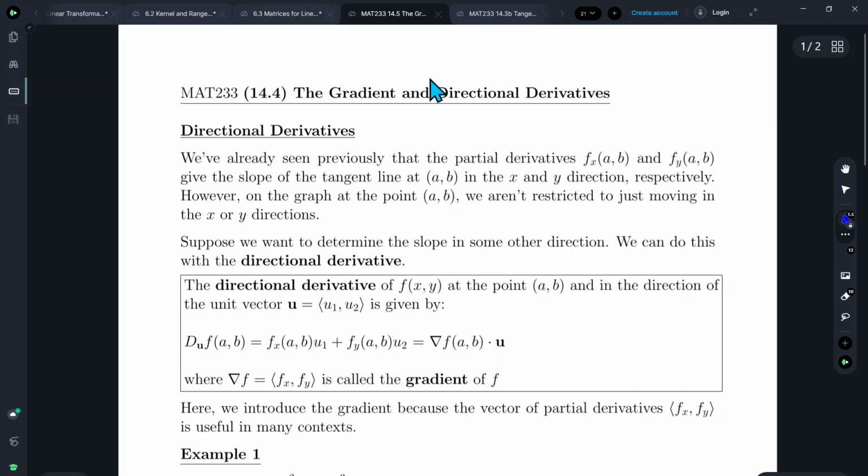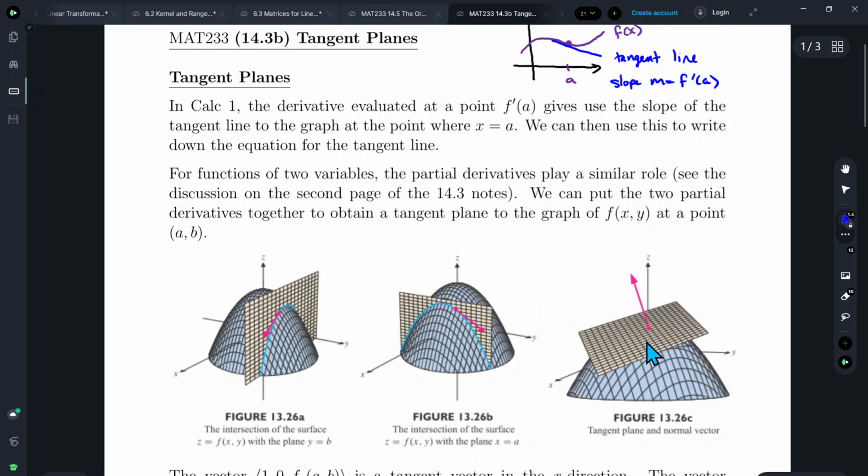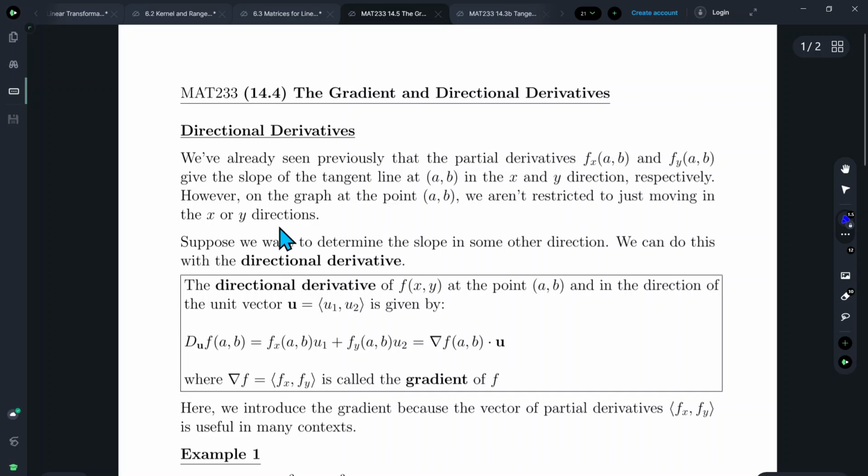So a slope in some direction, say traveling along the tangent plane like this. The good thing is that once you have the partial derivative with respect to x and the partial derivative with respect to y, just some combination of them will give us the directional derivative that we want.